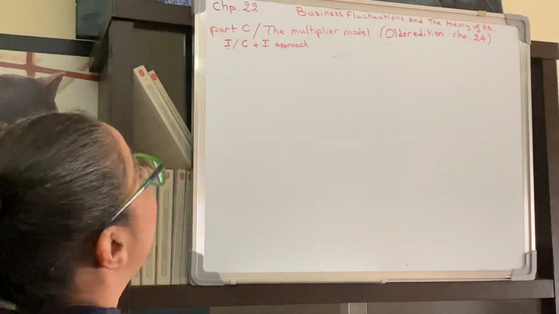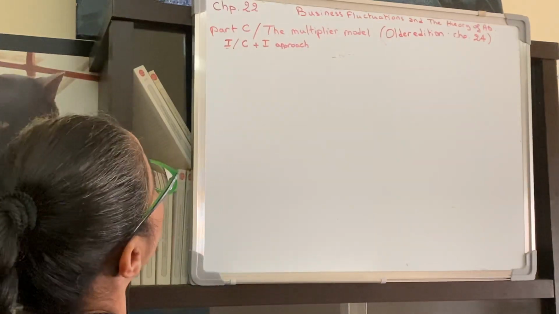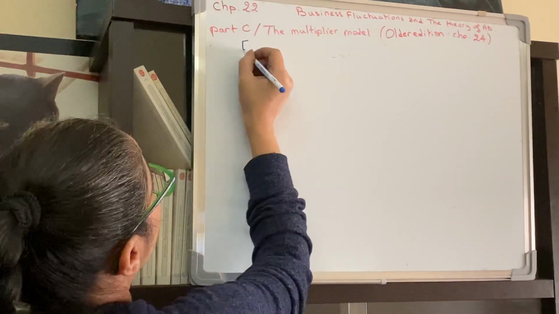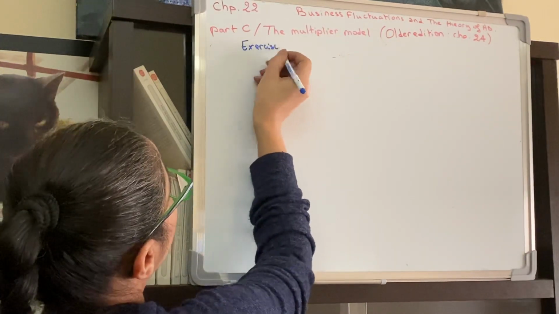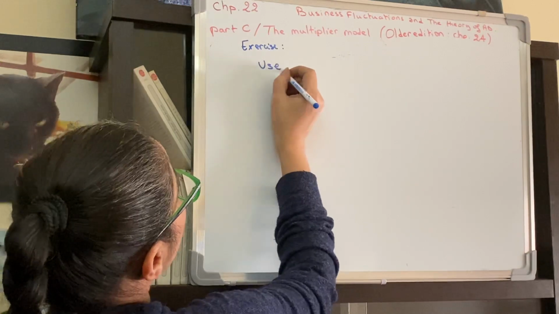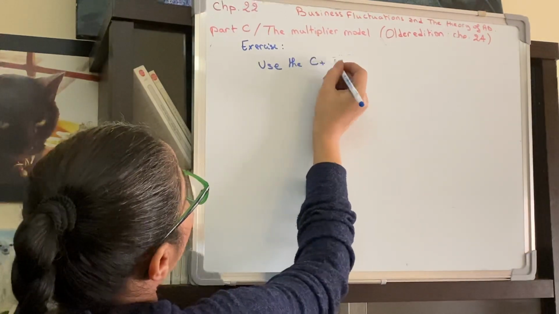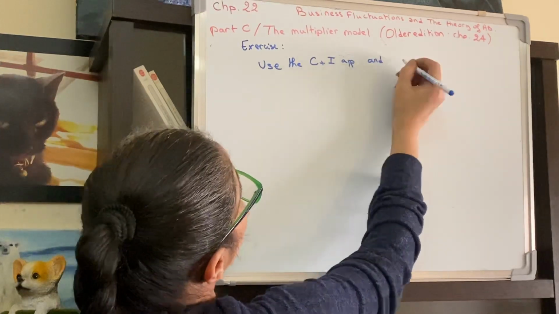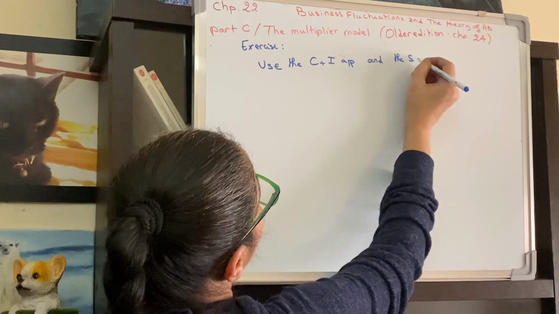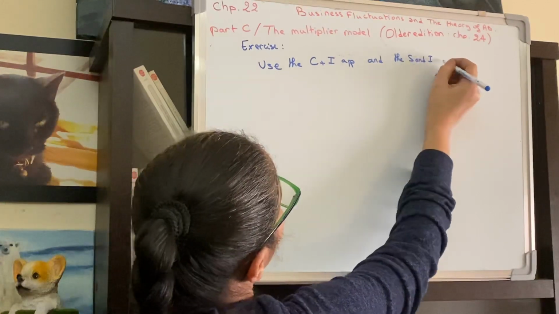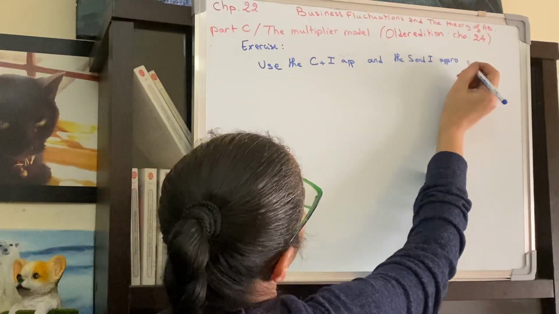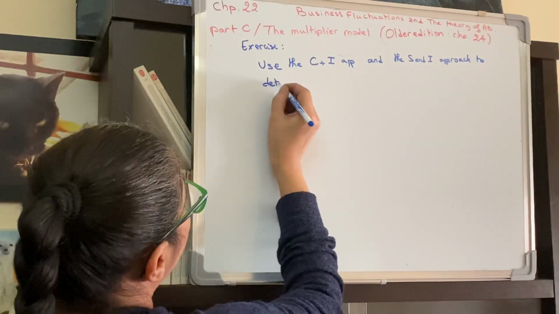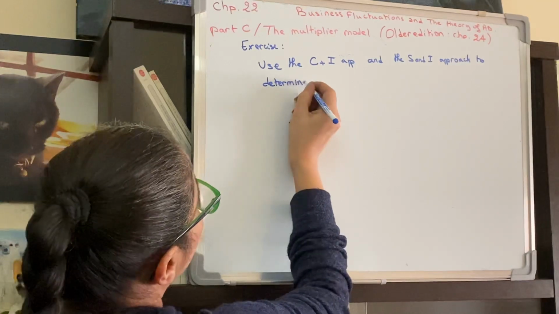Exercise: use the C plus I approach and the S and I approach to determine the GDP.